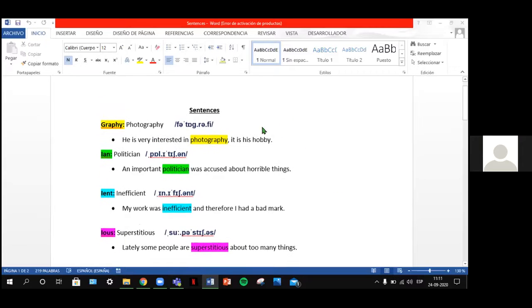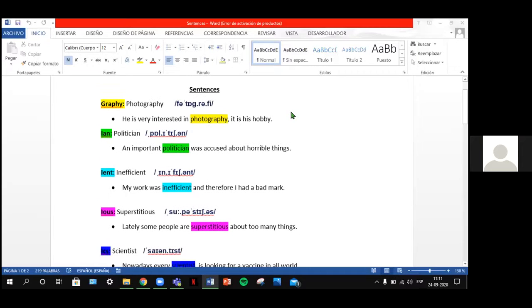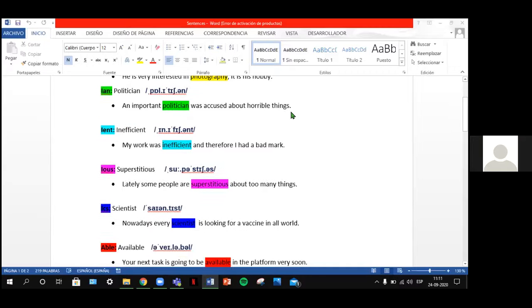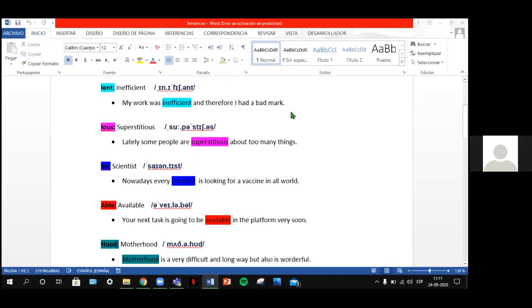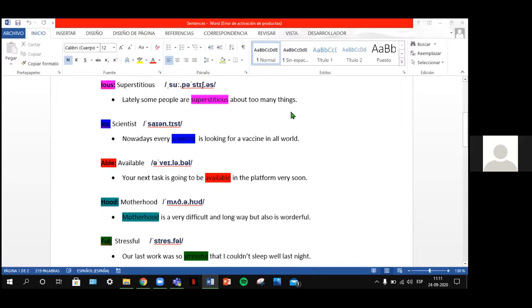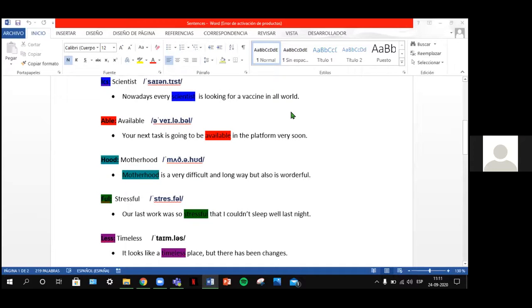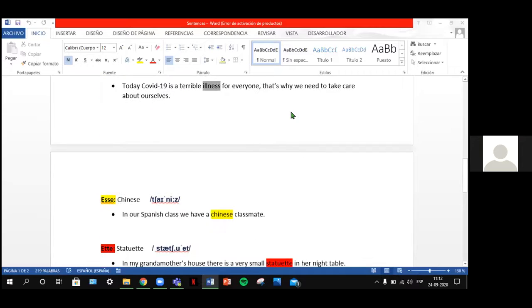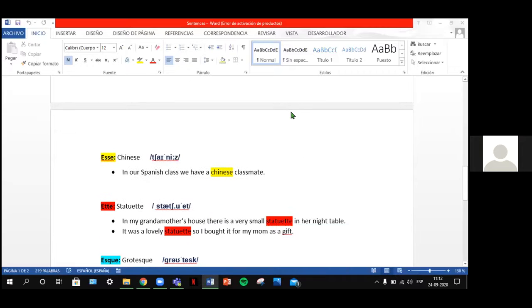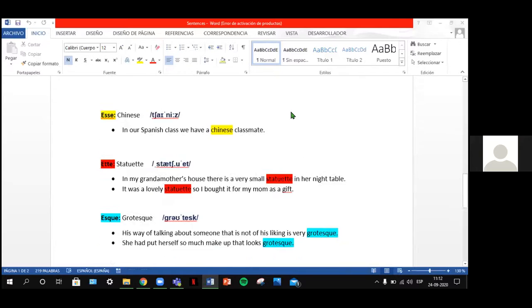The first word is photography. And the example is, he is very interested in photography. It is his hobby. Then I have politician, inefficient, superstitious, scientist, available, motherhood, stressful, timeless, illness, Chinese, statue, and grotesque.